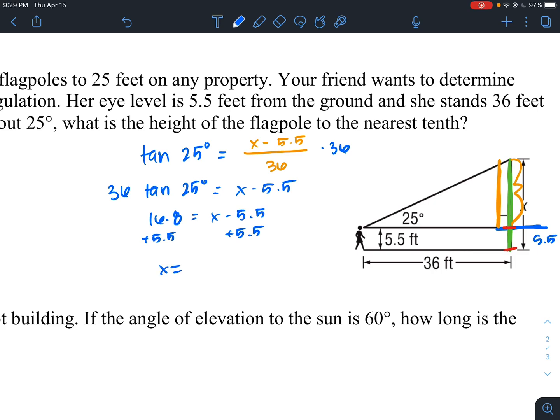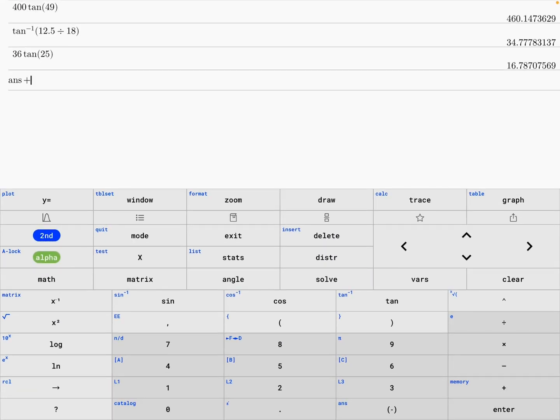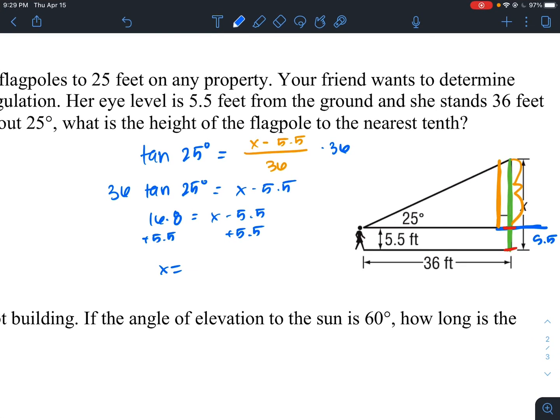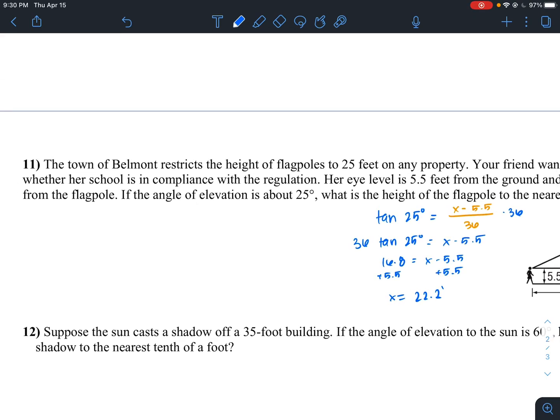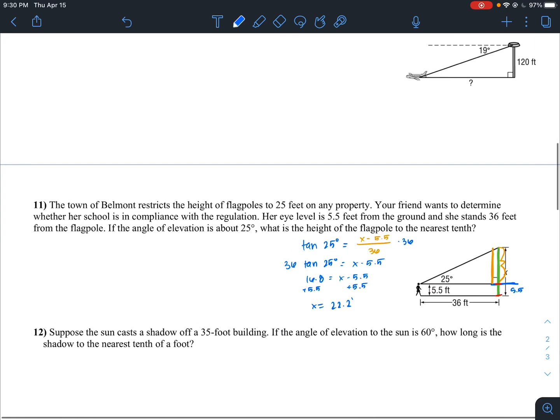And here I'll get x is equal to, so add 5.5 to that number, I get 22.2. So the flagpole is 22.2 feet. And again, the regulation says that it can't be more than 25 feet on any property. So the school is within the regulation.